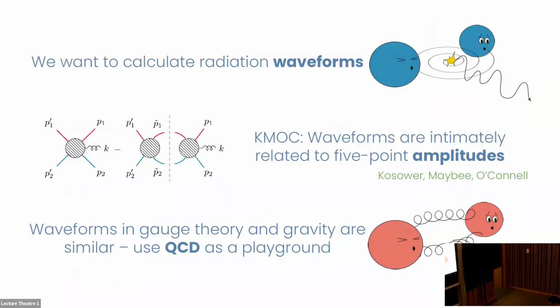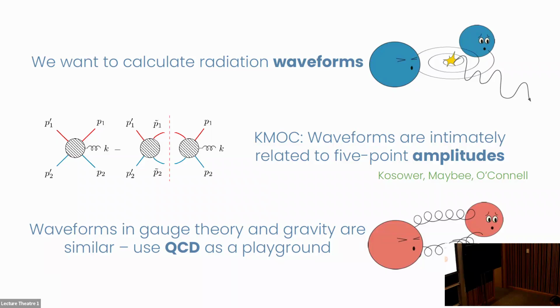Now I'll be splitting my talk into roughly three parts. First, I'm going to set up this waveform observable from these expressions and see where we can plug in our scattering amplitudes. To do this, we use the KMOC, or the Kosower-Maybee-O'Connell formalism, where we see that we can express them in terms of scattering amplitudes.